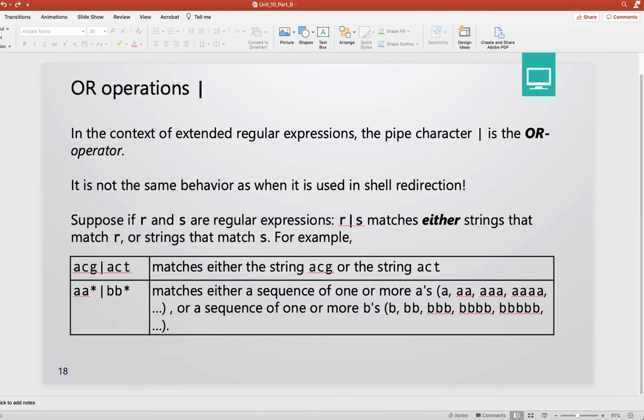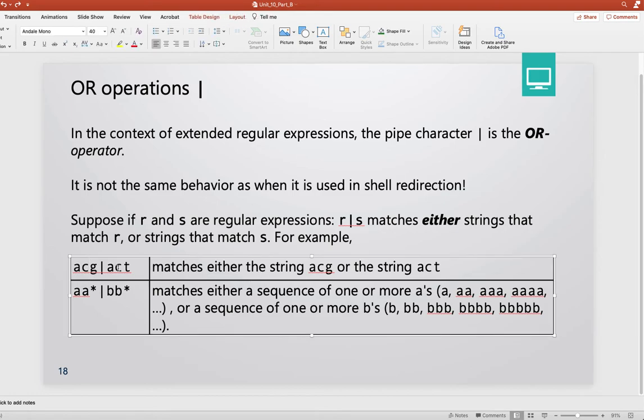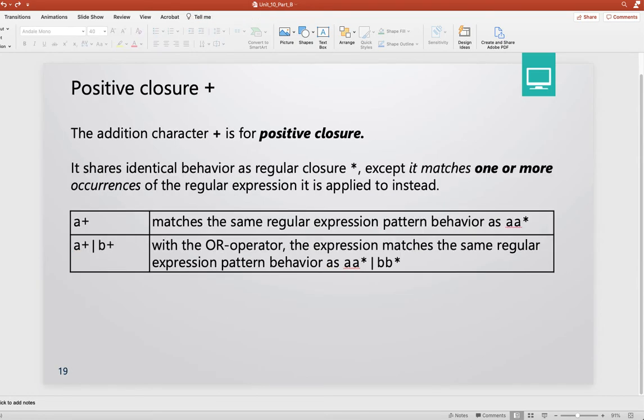Suppose R and S are regular expressions; R pipe S matches either strings that match R or strings that match S. For example, ACG pipe ACT will match either the string ACG or the string ACT. So it's pretty easy.